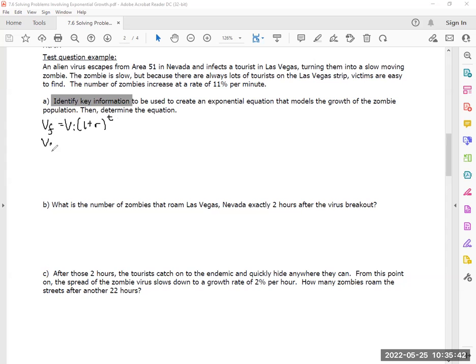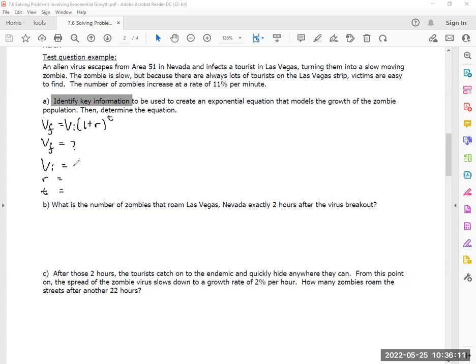What are my key features? What do you know based on this? Do we have the final value? In this case, the final number of zombies. Do we have it? Consider the question. No, we do not. So I'll leave it blank.